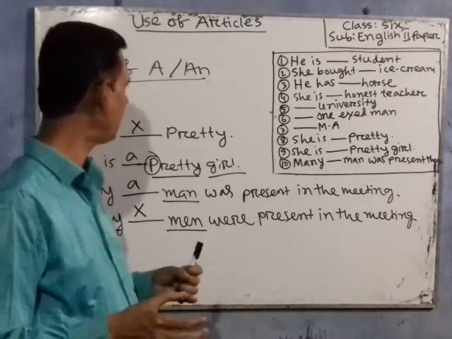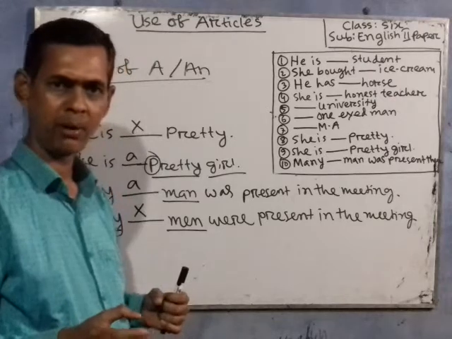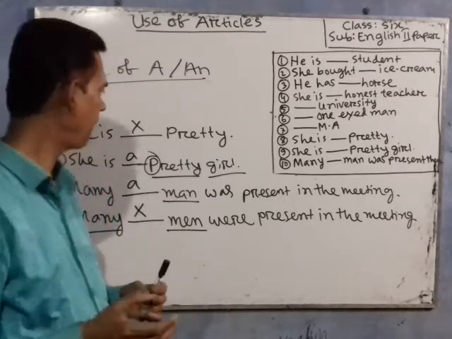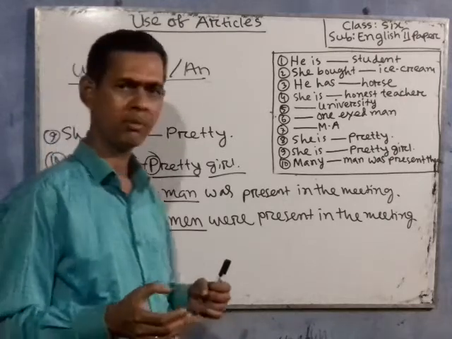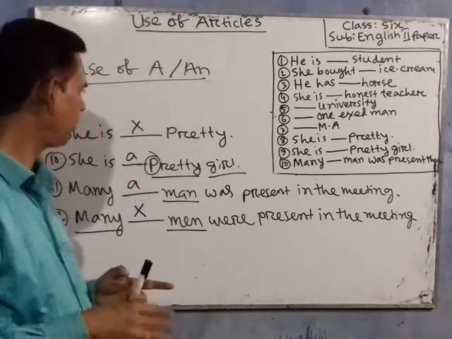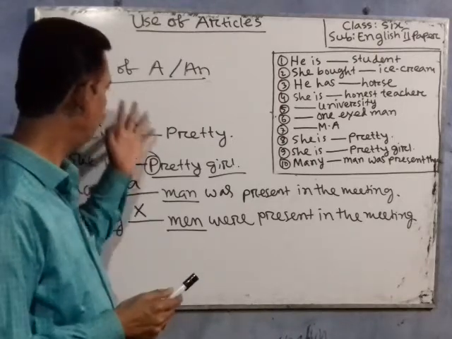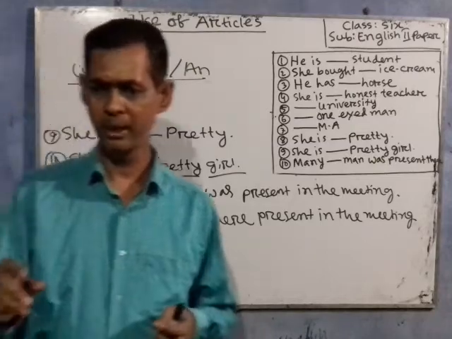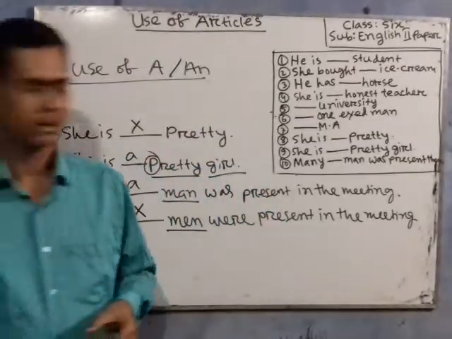Dear learners, you have learned about the use of A and N, and now I will give you some homework, and you will practice it at your home with a view to understanding it completely, and you will write it down in your khata.